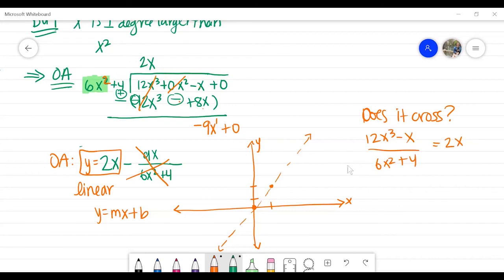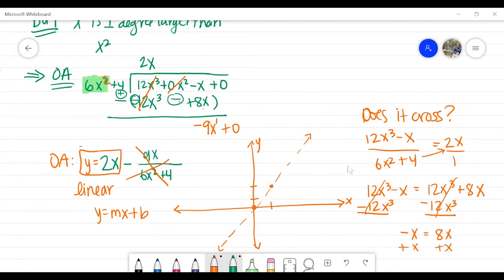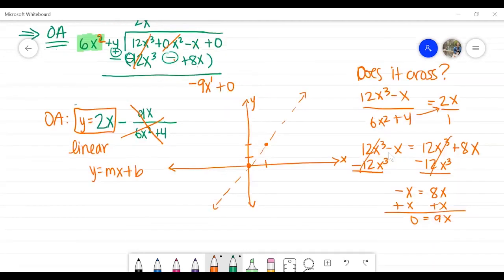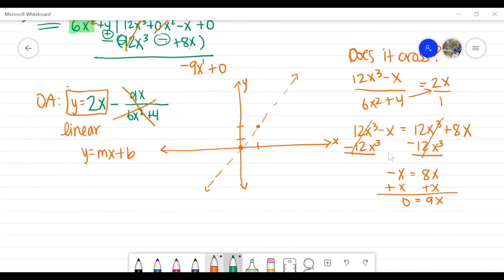I'm going to put it over 1, and I'm going to cross multiply, so 12x cubed minus x is equal to 12x cubed plus 8x. And if we move the 12x cubed, they cancel, you're left with negative x is equal to 8x. Or if I move this, 0 is equal to 9x. And that's not a true statement, right? So because this is false, that tells us it does not cross.